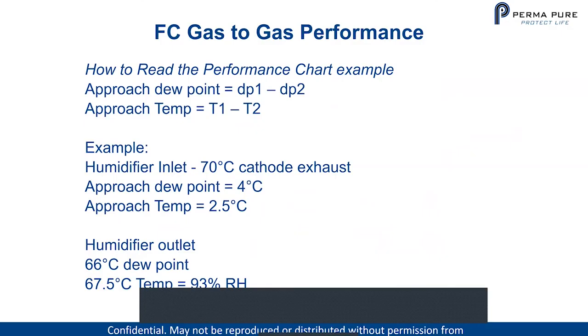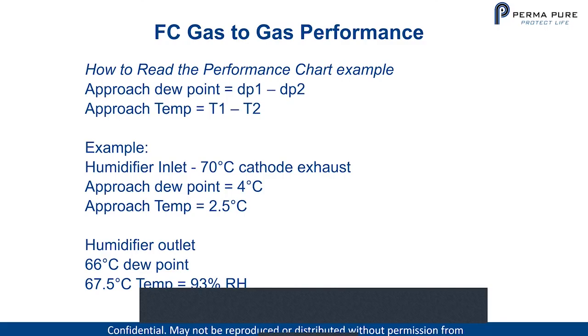So the approach dew point is dP1 minus dP2. Your approach temperature is T1 minus T2. dP1 and T1 meaning the dew point and temperature of the gas being used for humidification, and dP2 and T2 meaning the resultant outlet gas.